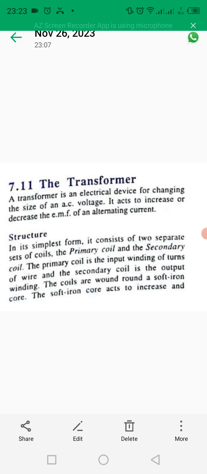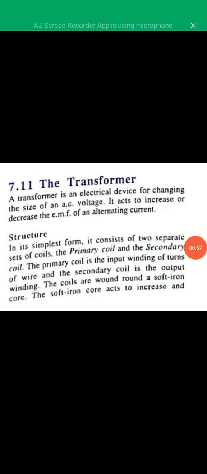Now, what is a transformer? Quickly, a transformer is an electrical device for changing the size of an AC voltage. So what comes to our mind first? The current that flows into a transformer is an alternating current.